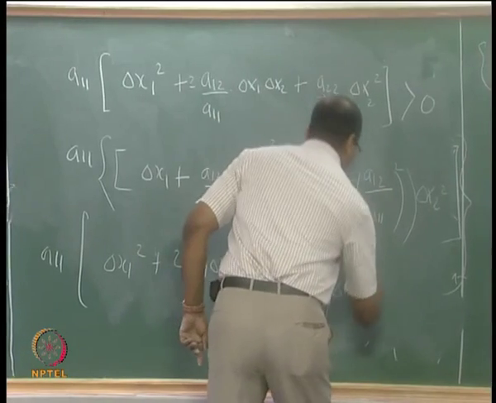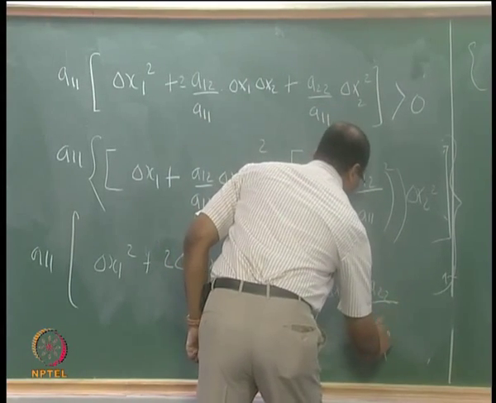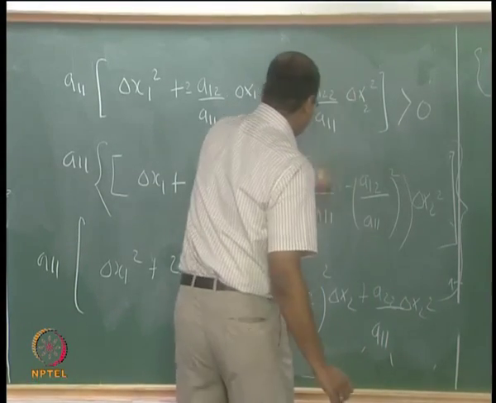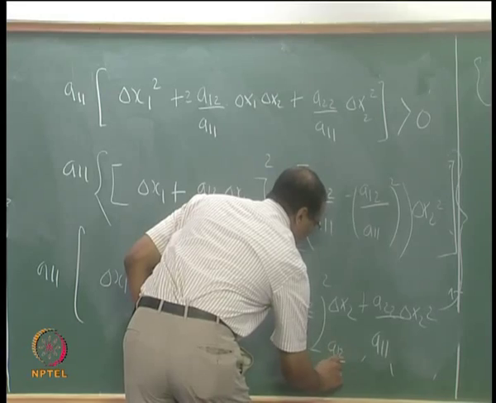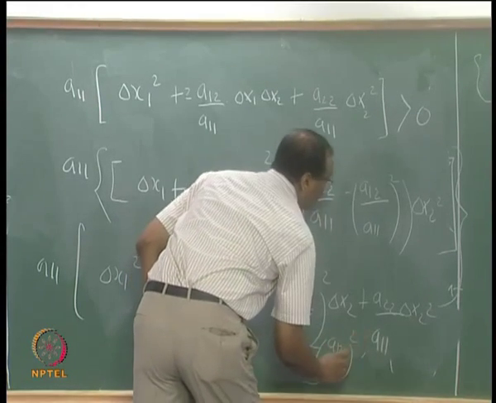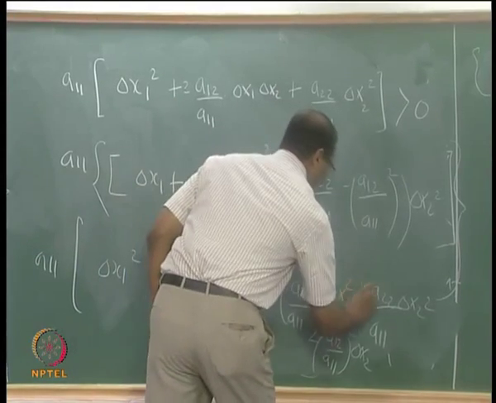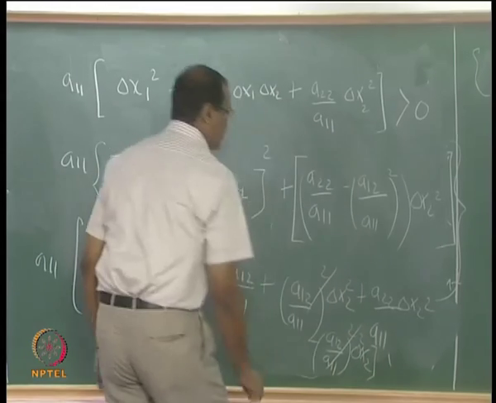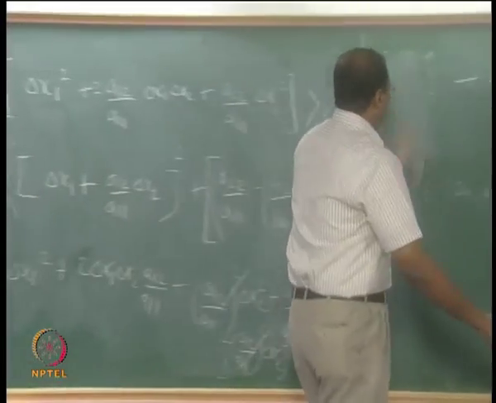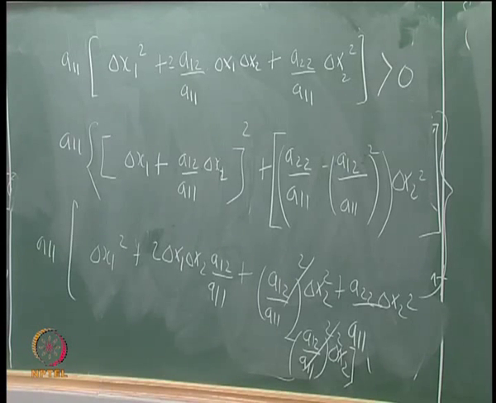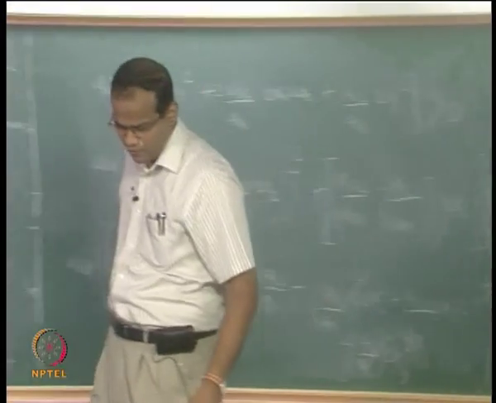So this will be plus a22 by a11 delta x2 square which is coming here, and I am subtracting this again, a12 by a11 square delta x2 square, right. So adding and subtracting. This is a very roundabout way of doing, but that is all right.